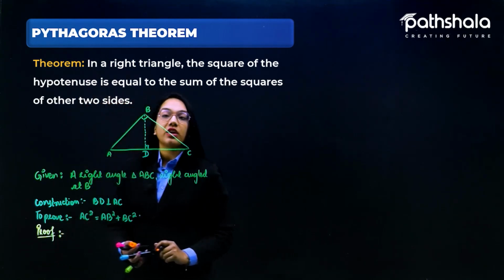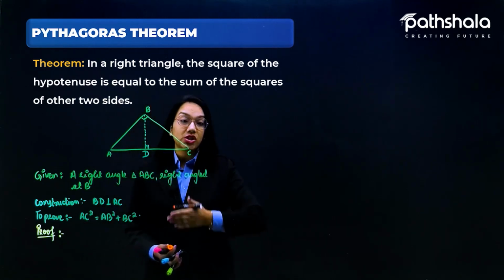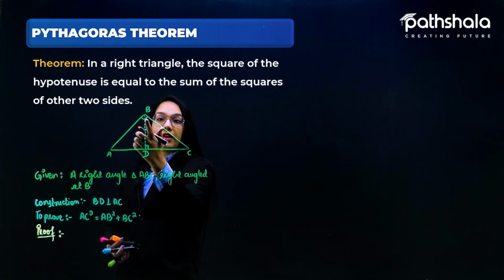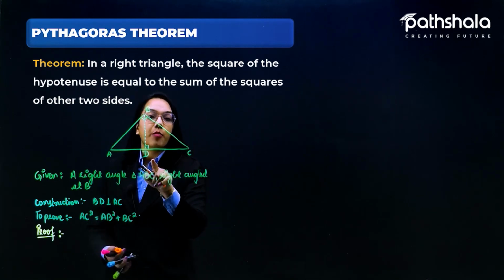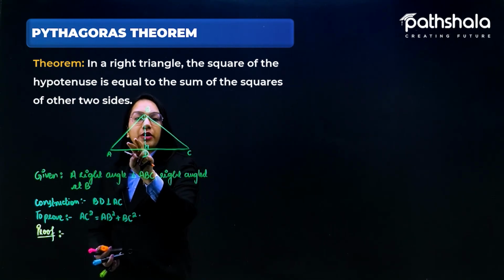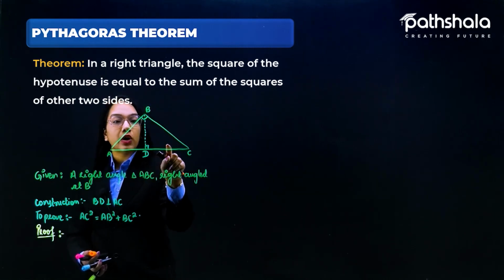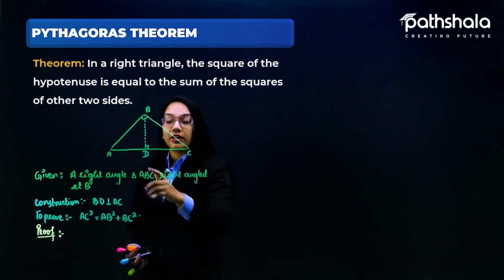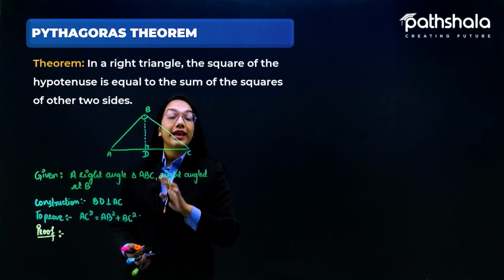So as you can see over here, if we have this particular triangle, then by the previous theorem we know that if any perpendicular is drawn from the right angle of a right angled triangle towards the hypotenuse, then this particular triangle would be similar to this triangle, and each triangle is similar to the whole triangle. So from that particular theorem we know that if I'm talking about the triangle ABD, then this is definitely similar to the whole triangle ABC.